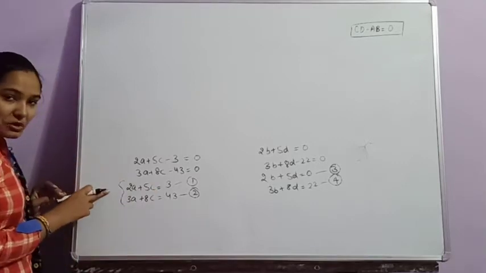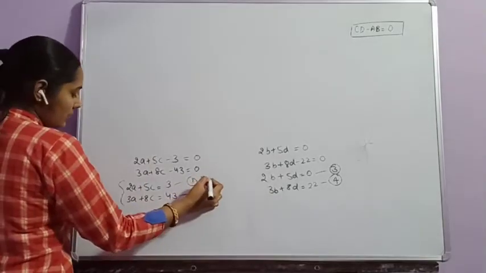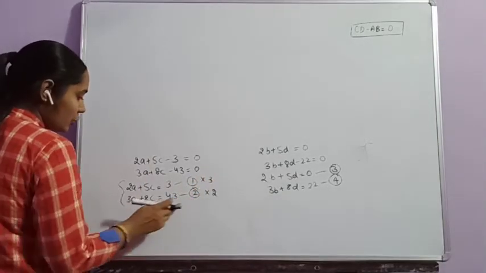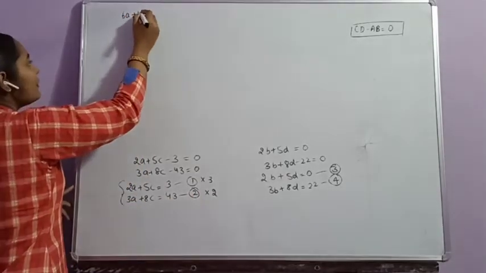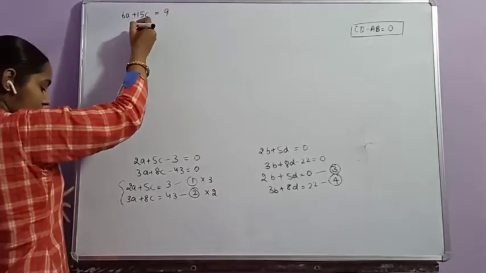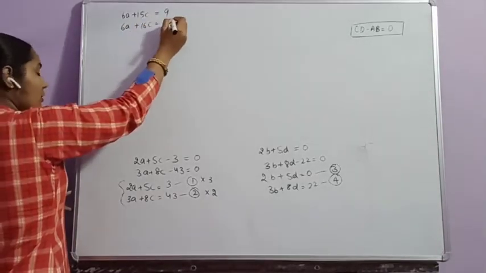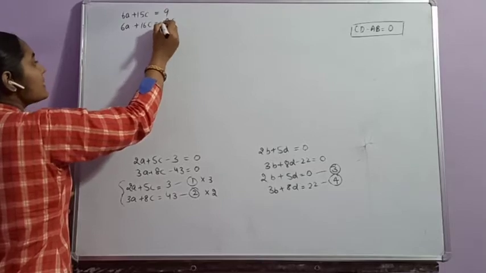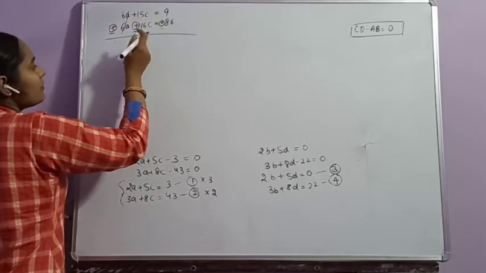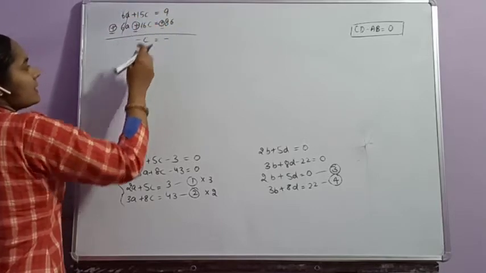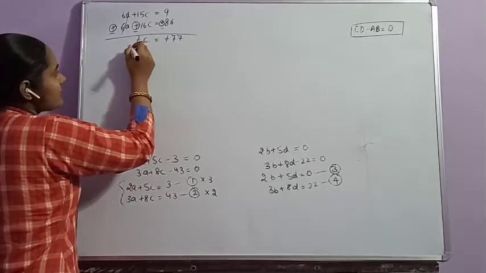If we multiply the first equation by 3 and the second by 2 and subtract them, then it will be 6a plus 15c equals 9, and 6a plus 16c equals 86. Then subtract: 6a is cancelled out, 15 minus 16 is minus c, 9 minus 86 is minus 77. Minus is cancelled out, so c is 77.